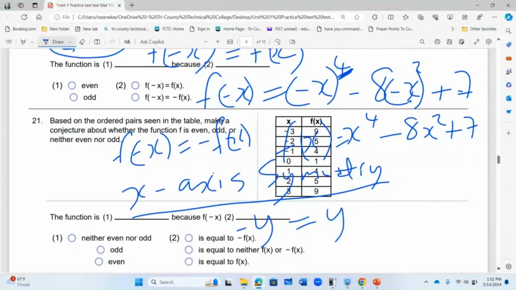If you have y and you change it to negative and it gives you back y, that function has x-axis symmetry. So when you are looking for x-axis symmetry, change the sign of y. If it gives you the same, it has x-axis symmetry. If you're looking for origin symmetry, change the sign of x. If it gives you the opposite, then it has origin symmetry, and it's an odd function.